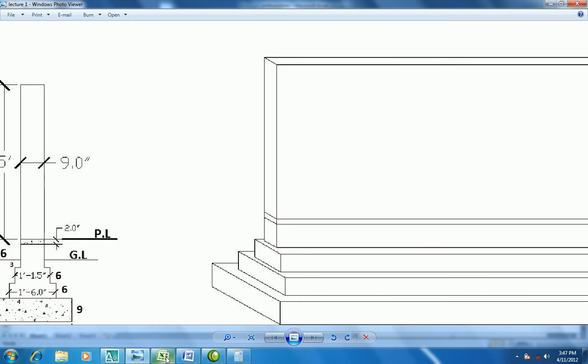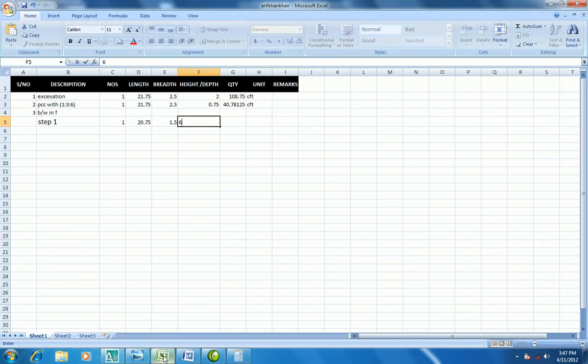So when we convert 6 inches into feet, it will become 0.5, that's okay. So now let me calculate, that's okay. So equal to numbers multiply by length, multiply by breadth, multiply by height, that's okay. So it becomes 25.562 CFT.